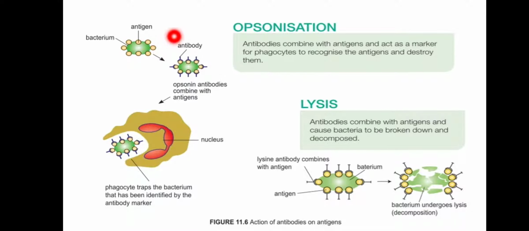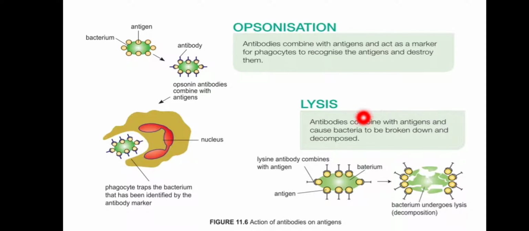So what happened is the antibody combine with the antigen and the antibody act as marker for the phagocyte to recognize the antigen and terus dia melaksanakan the phagocytosis process lah. So the phagocyte di sini trap the bacterium that has been identified by the antibody marker. Itu opsonization.